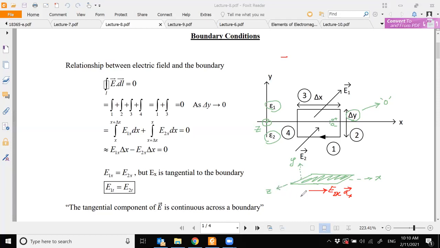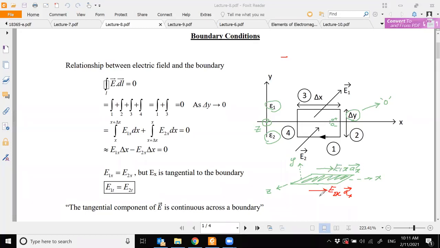Okay. Correct? So now what I'm saying is E1x is equal to E2x. What does this mean? That means the component of E2 in the X direction, E2x, and the component after the boundary, which is E1x, ax, they don't see any change.